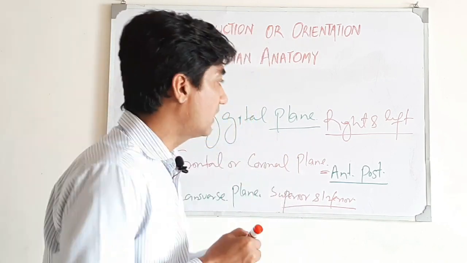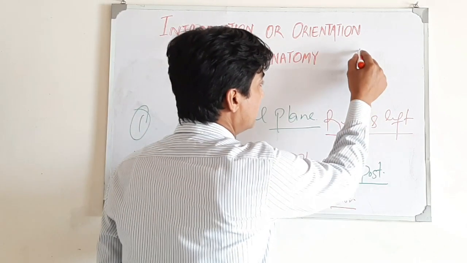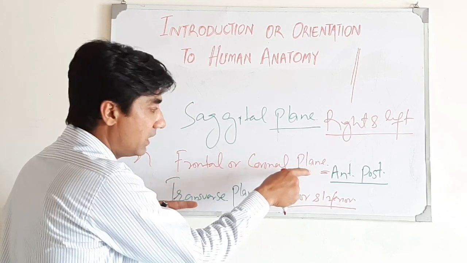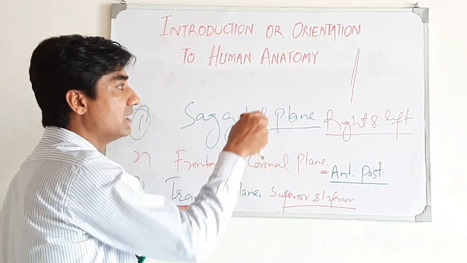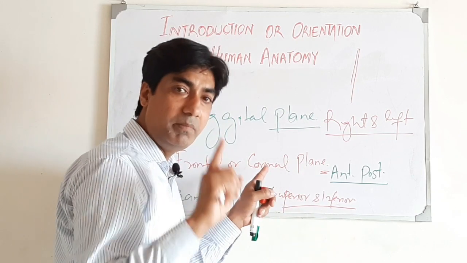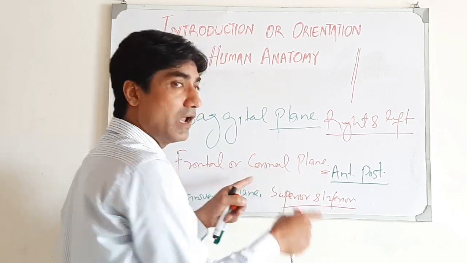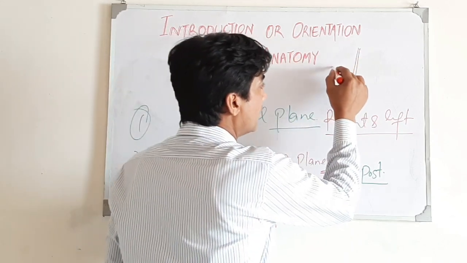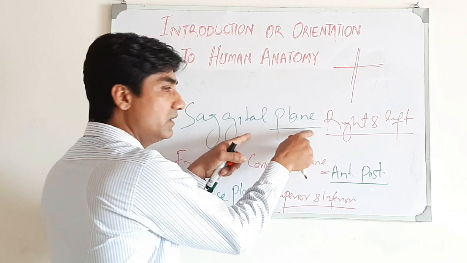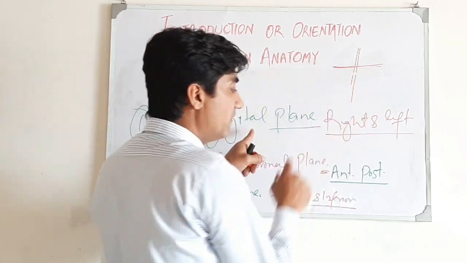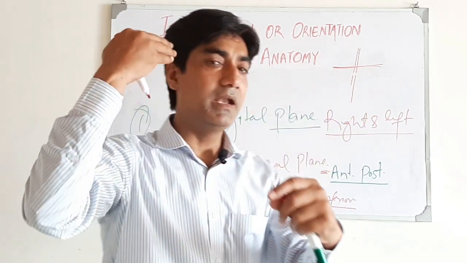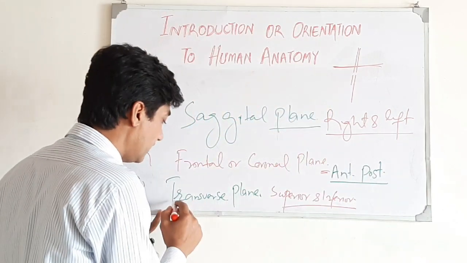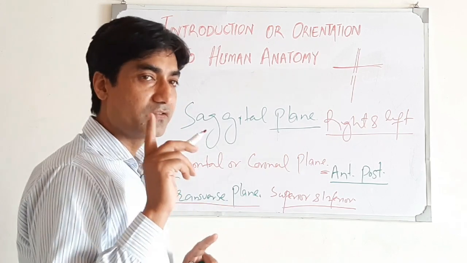For example, this is the midline position, and when the coronal plane imaginary cut is applied, this cut is also in the midline position and also vertical, but it will be perpendicular to the sagittal plane, and the body will be divided into anterior and posterior portions. And the third one is the transverse plane.